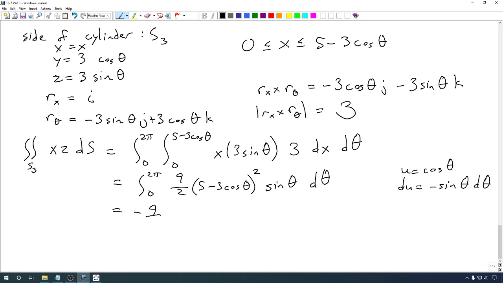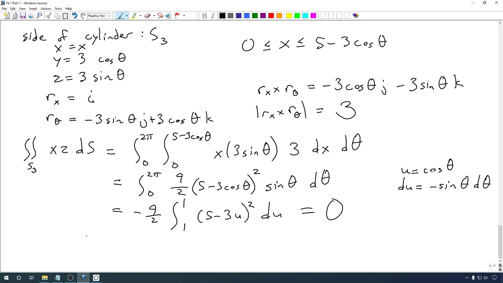So we'll have a negative, we'll even pull out the 9/2, of the integral of this thing, which turns into a 5 minus 3u squared. Sine theta d theta basically becomes our du. Our limits, well, we actually did limits from 0 to 2 pi just a moment ago for u equals cosine. Both of those turned into a 1. So again, since we're just integrating from a number to itself, we get 0 again.